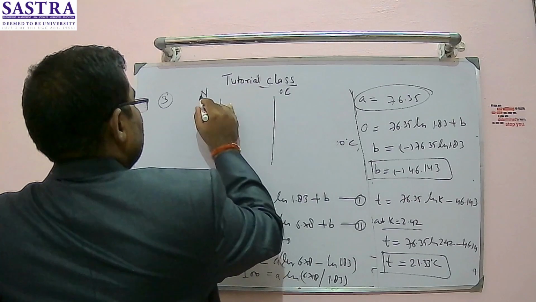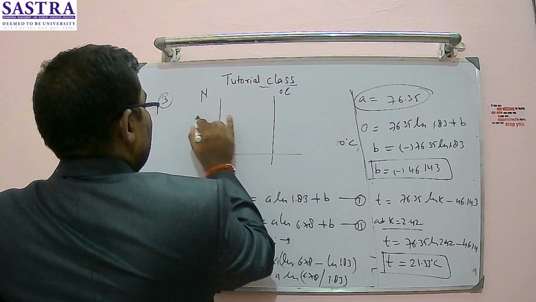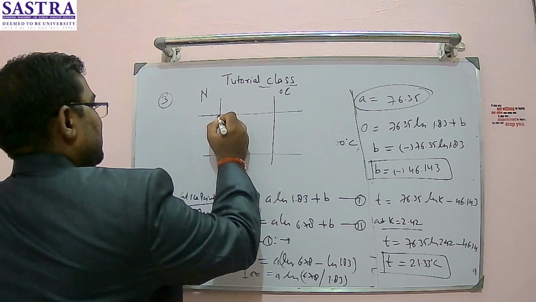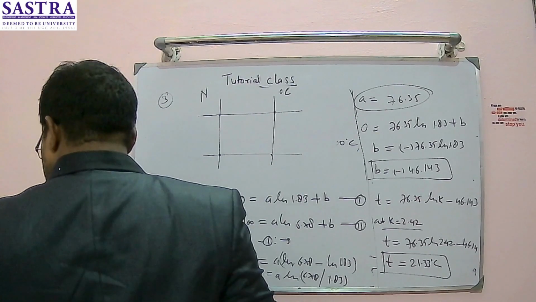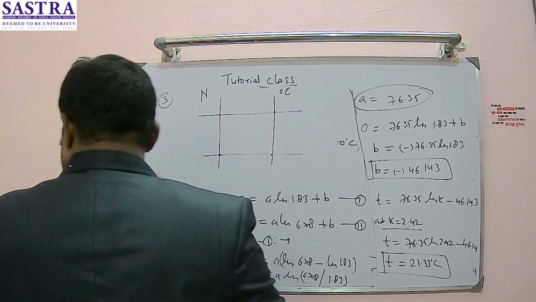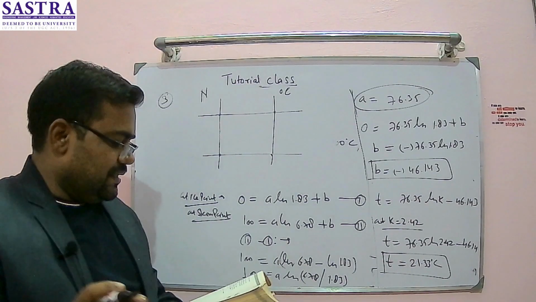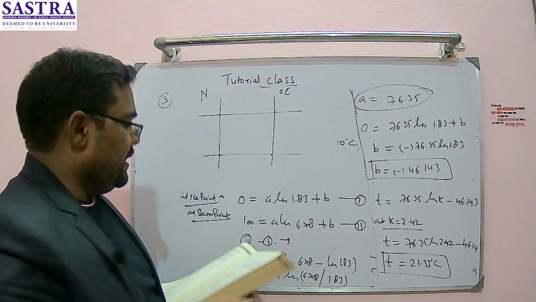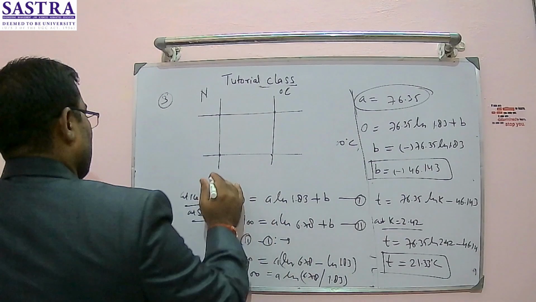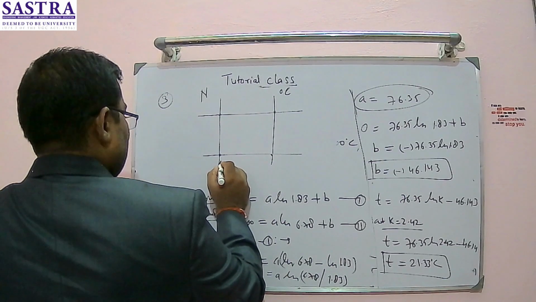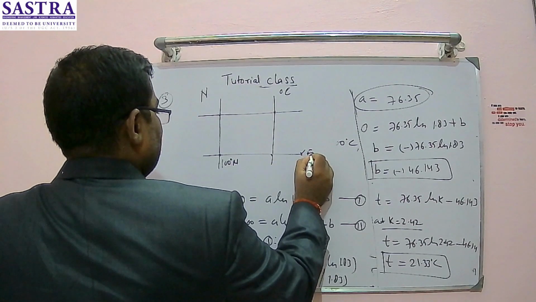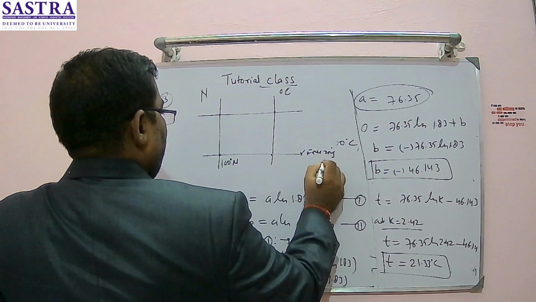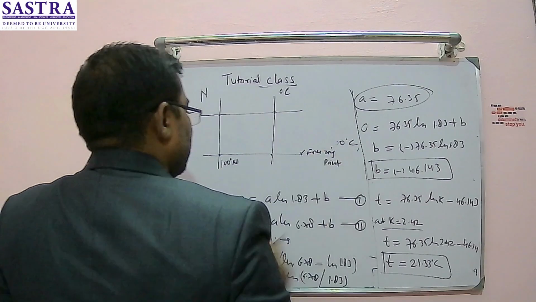Always we fix the points, right? So it is saying a new scale of temperature is divided in such a way that the freezing point of ice is 100 degree Newton. This is basically the freezing point.